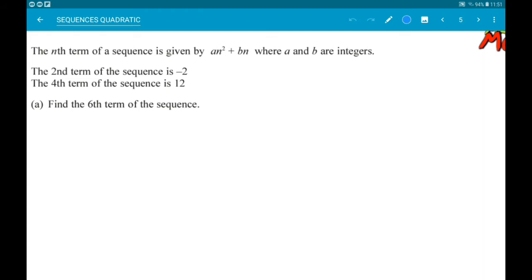So, when n is 2, we are going to get 4a add 2b. Now we know that that is equal to minus 2.